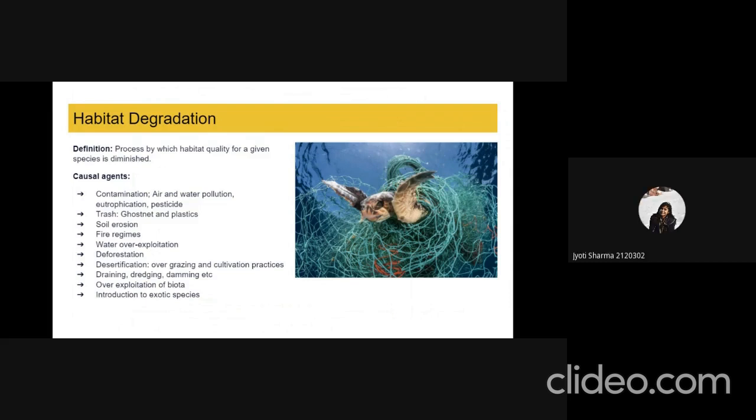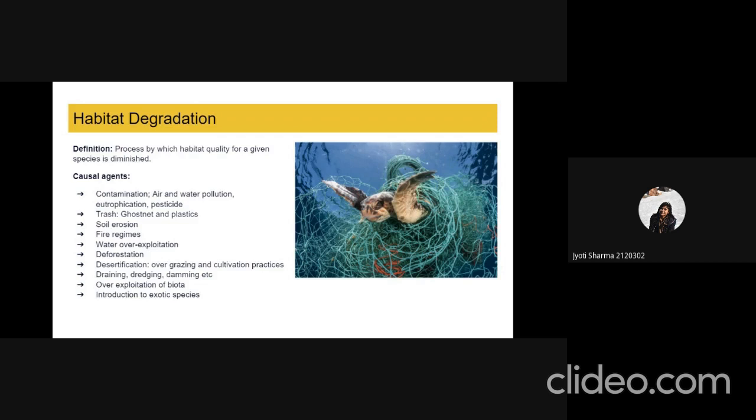Okay. Then we have trash. Because of some trash, we are degrading the quality. For example, ghost nets. Here we can see we use this kind of net to trap fishes, but it may happen that the fish catcher leaves this kind of net within the water body, if it is not in use, if it is useless. Then what will happen?